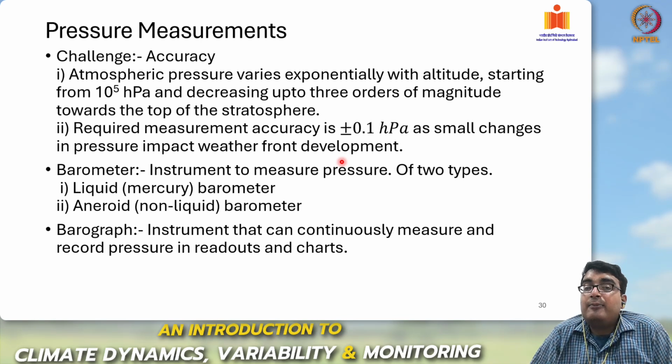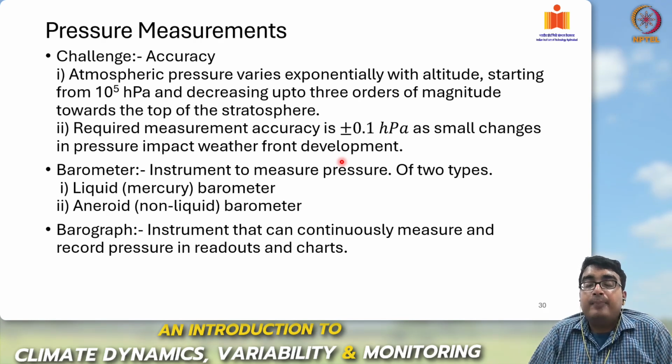Furthermore, the required measurement accuracy must be of the order of 0.1 hectopascals, as small changes in pressure have a large impact on weather front development. So, not only do we have to measure pressure from 10 to the power 5 hectopascals to 100 hectopascals, the accuracy should be less than 0.1 hectopascals, which is quite a tall order.